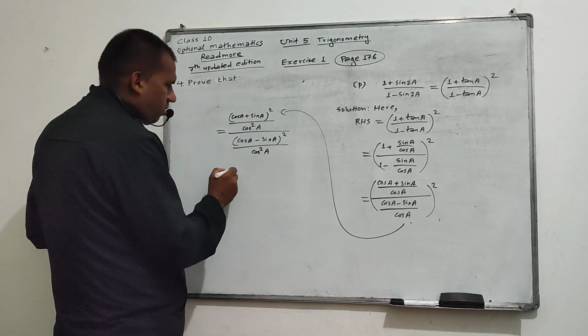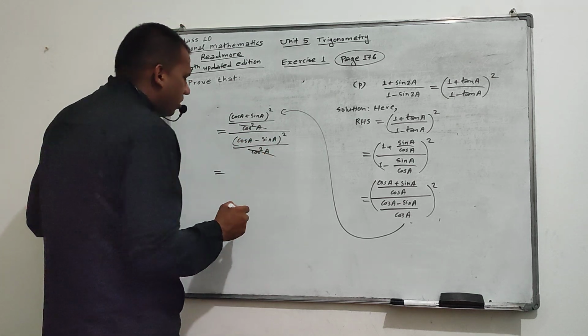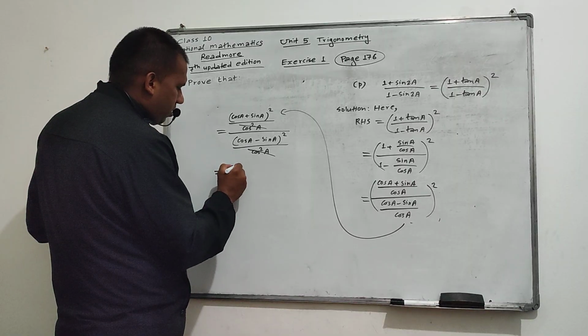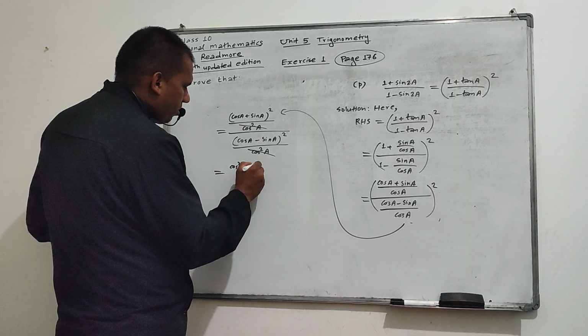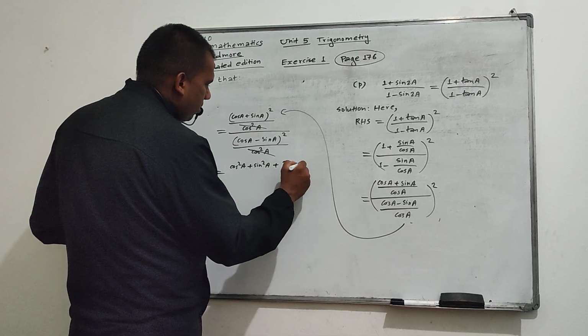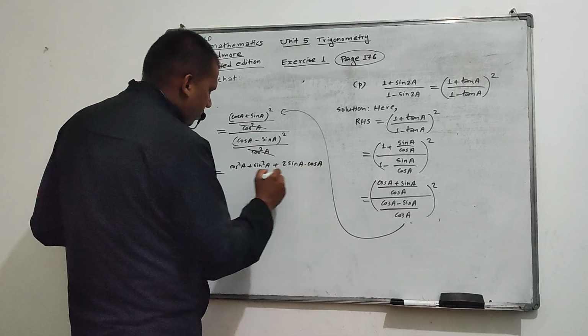Cos square a cancels out. (a plus b) whole square we can write as a square plus b square plus 2ab, so 2 sine a cos a.